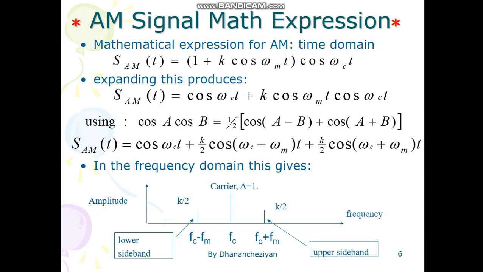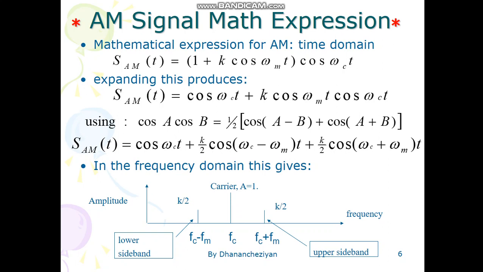As we know, the message signal takes 2 times the frequency FM. So the entire bandwidth is going to be 2 times FM, varying between FC minus FM and FC plus FM. The carrier frequency plus the message frequency becomes the upper sideband, and FC minus FM becomes the lower sideband.